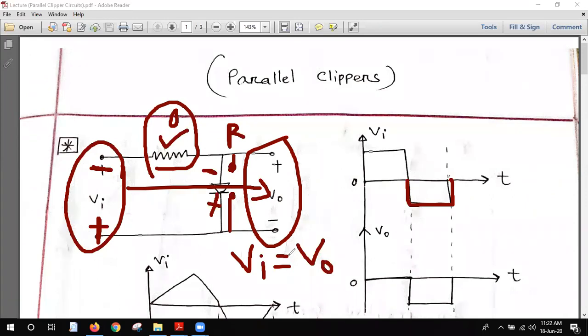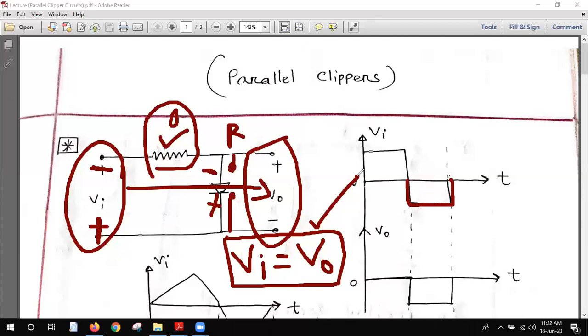So mark this line very carefully, you can write this line. When the diode is open circuit or reverse biased, the output will follow the input every time in the parallel clippers, because there is no current here.